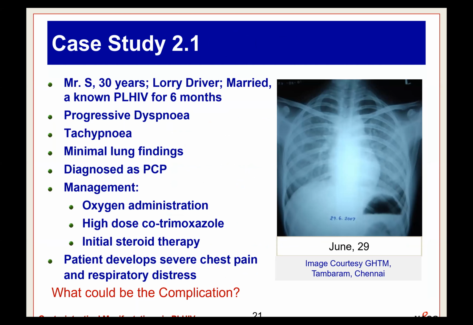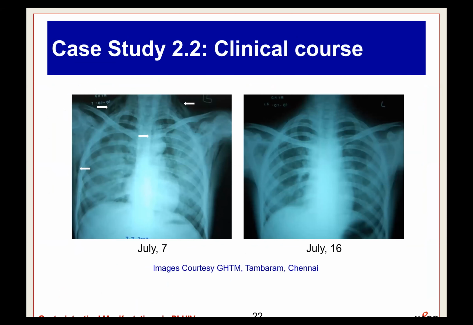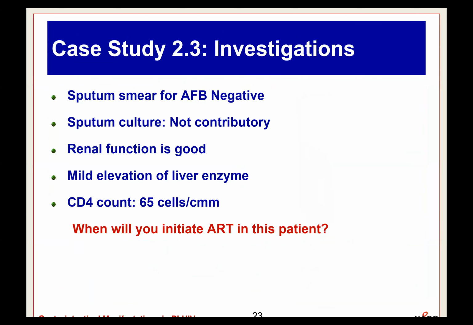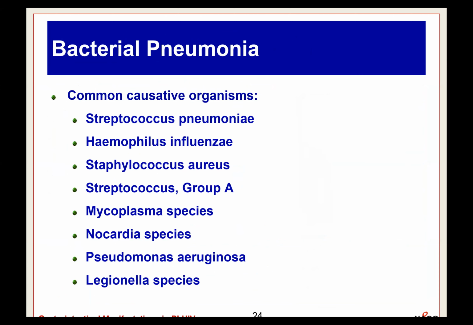This is another case of lobar pneumonia. For pneumonias, you may treat with an outdoor approach or an indoor approach. Before giving tablets like ciprofloxacin or any fluoroquinolone for that matter, you should be sure that the patient does not have TB.